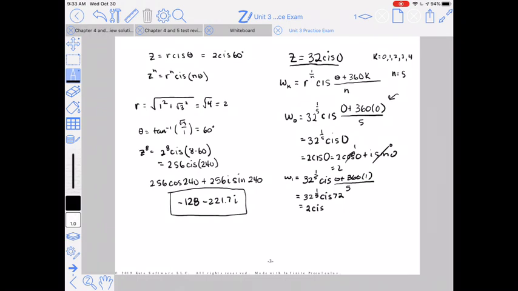So this is 2 CIS 72, which is 2 cosine 72 plus 2i sine 72.